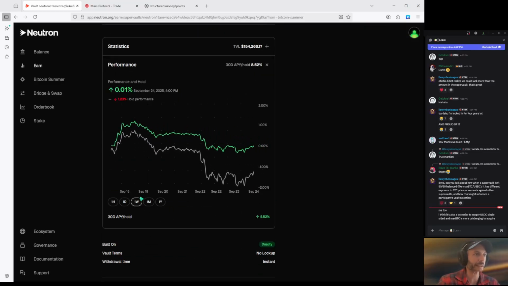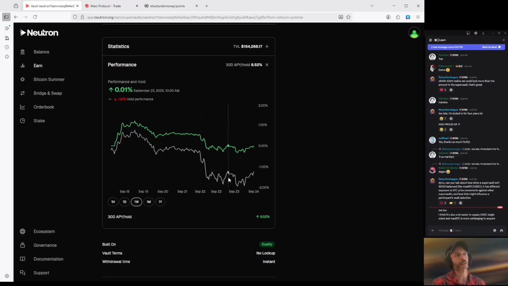Over the past week, the green line is the performance of the Supervault compared to the gray line, which is the performance of just holding spot assets, 50% Bitcoin or maxBTC and 50% USDC.